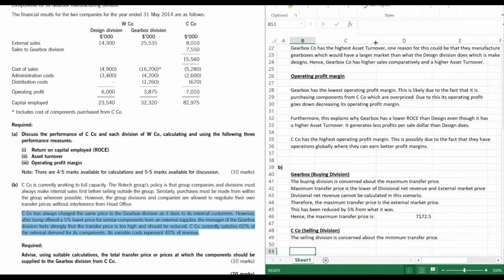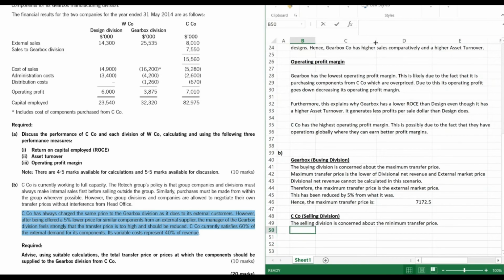Generic point, and then we give the formula. Minimum transfer price is equal to marginal cost plus the opportunity cost on lost external sales, right? And in this case, let's start with the marginal cost and then we'll talk about the opportunity cost.